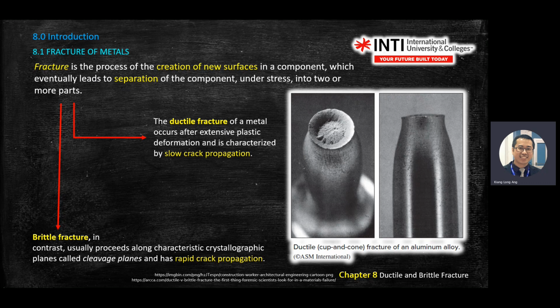Let's say you have diameter D1 and length L. The total area of this cylinder is the body area plus the two top and bottom areas. How do you calculate the body area? 2 pi r times the length, because the body is the circle circumference 2 pi r times L, plus 2 times pi r squared.